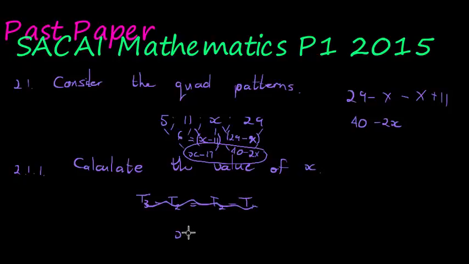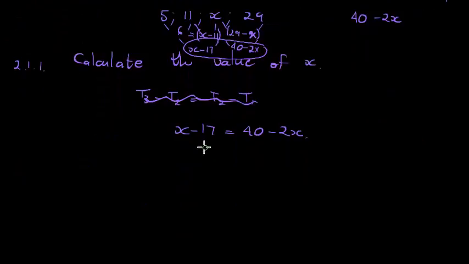I'm going to say x minus 17 is equal to 40 minus 2x. Okay, that gives me 3x is equal to, something's odd.